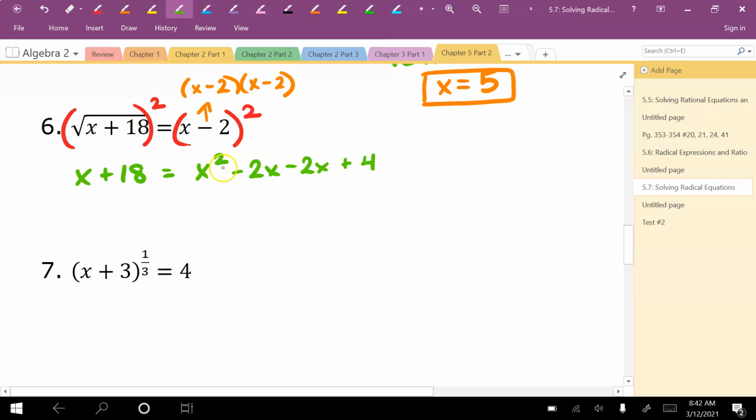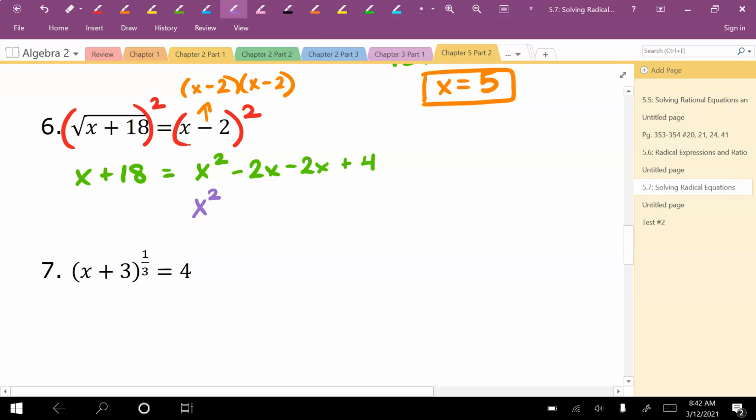Because I see an x squared here at the end, in order for me to solve this, I'm going to have to factor that polynomial. So I'm going to try to get everything onto one side so that I can factor it. Now, since x squared is already positive on the right side here, I'm going to leave x squared as is. So I'm going to go ahead and just drop this one down. So I have negative 2x and negative 2x, which would be negative 4x.